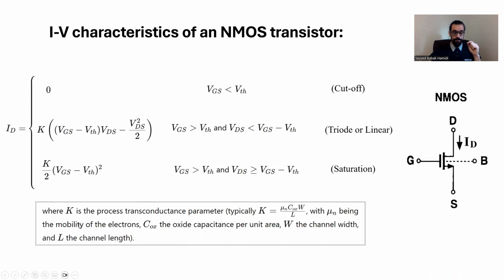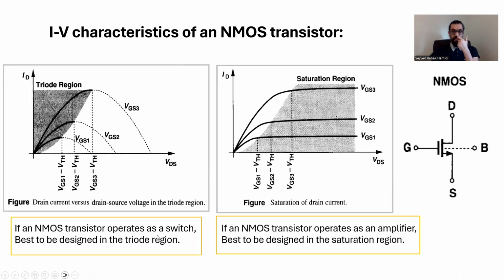But what is the K? K is called the process transconductance parameter. It depends on the technology: mu n, C oxide, W over L. W and L: W, we said, is the channel width, and L is the channel length.